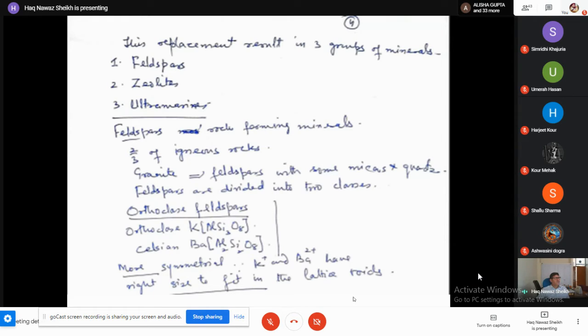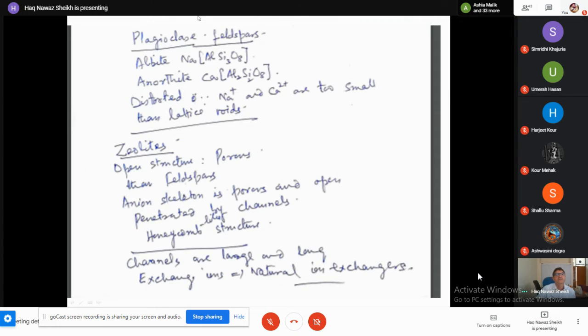The other class, in which the sodium and calcium ions occupy the voids, they are more distorted. They have a more distorted structure because the cations have a smaller size than the size of the cavity, and therefore there is an inherent distortion in the structure. These are known as plagioclase feldspar.